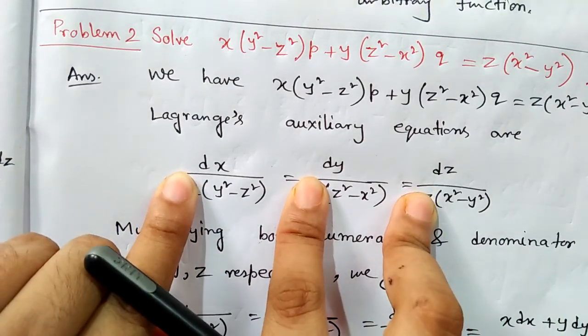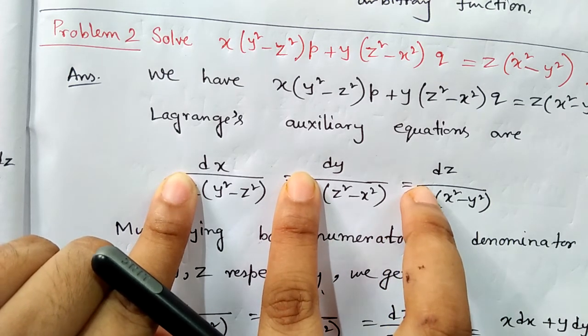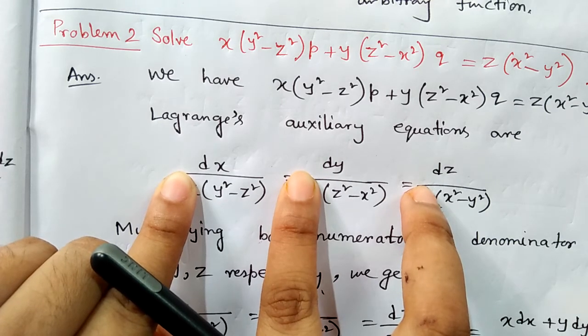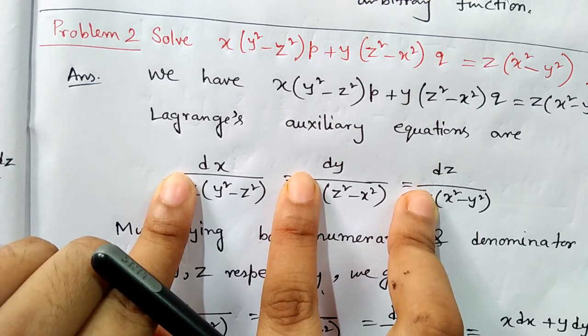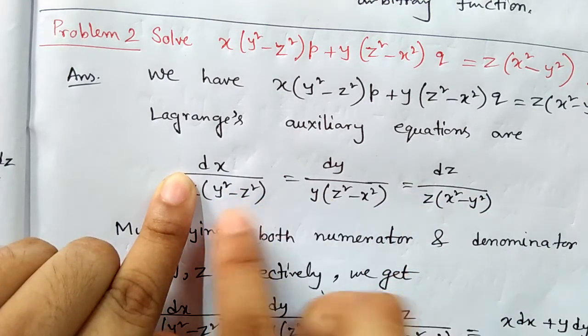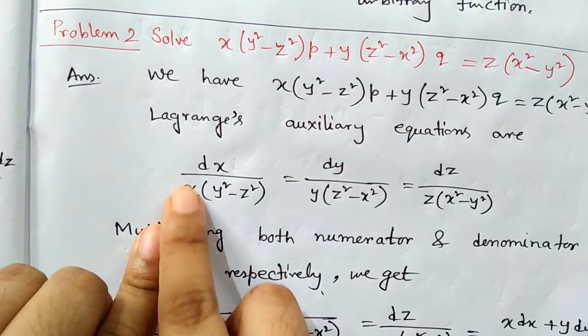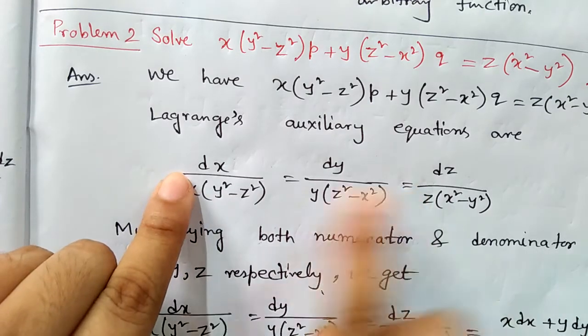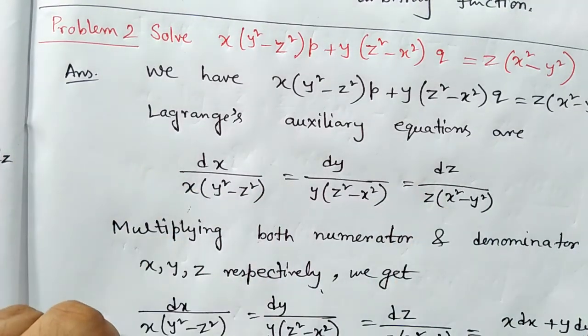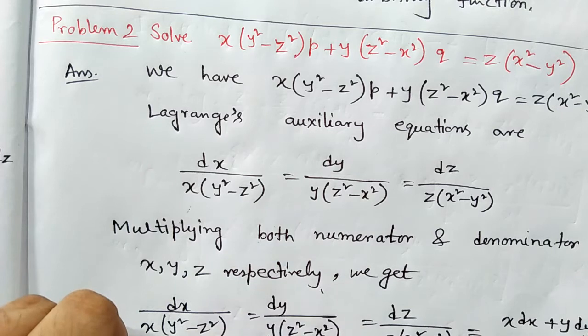Then if we add these terms, we can make the denominator of the resultant 0. So we have to eliminate this x, y and z and then add the remaining part, so that we get the resultant and the denominator of the resultant will be 0.